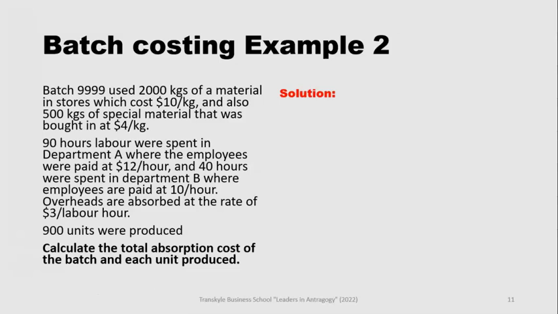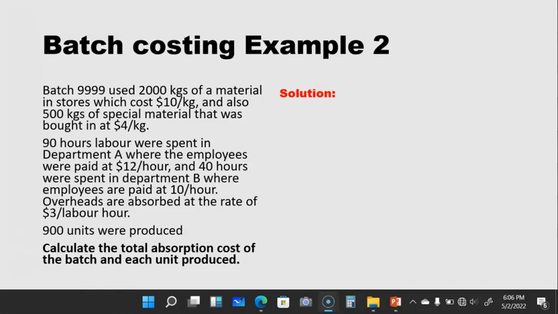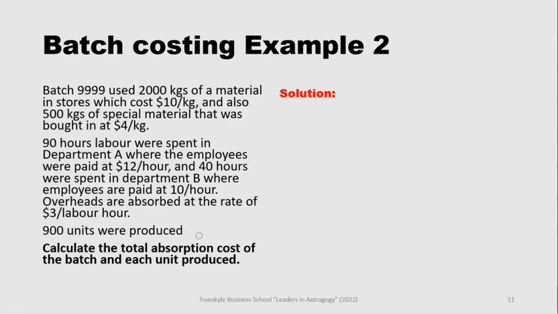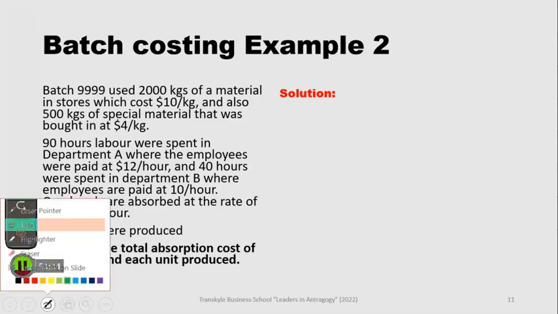We are given the information. Batch 999 used 2,000 kg of material in stores, which cost $10 per kg, and also 500 kg of special material that was bought in at $4 per kg. Okay, let us go through together and see where we can assist one another, because none of us should get lost along the way.